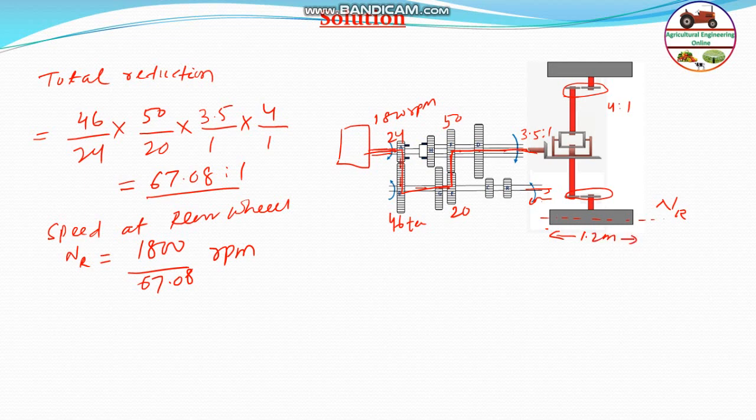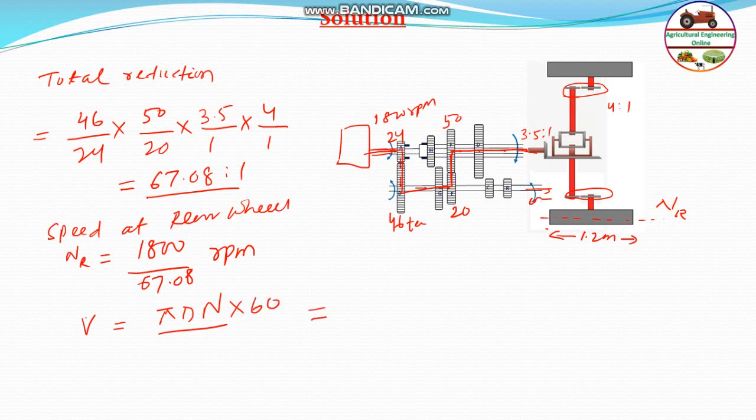Therefore, the theoretical velocity will be pi d n by 60 in meters per second. But in this case we need kilometers per hour, so we multiply by 60 again.